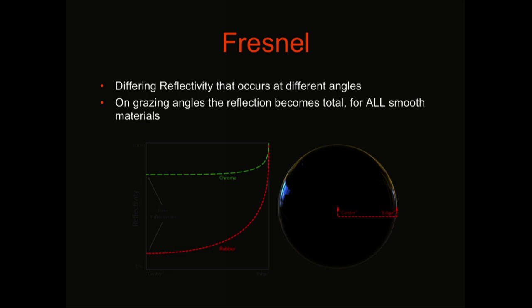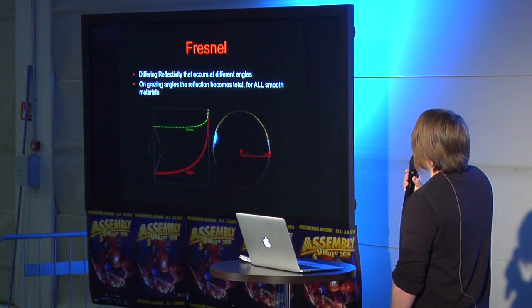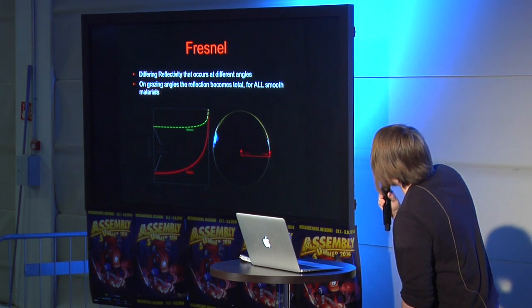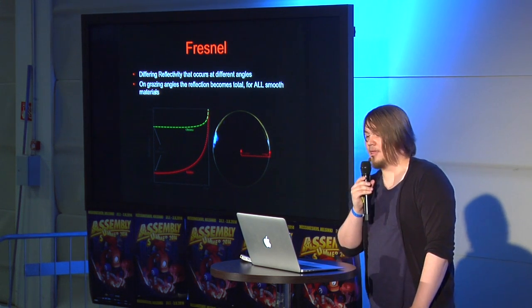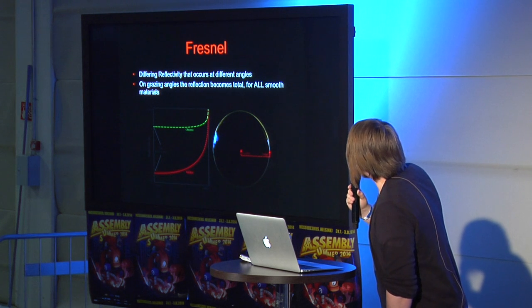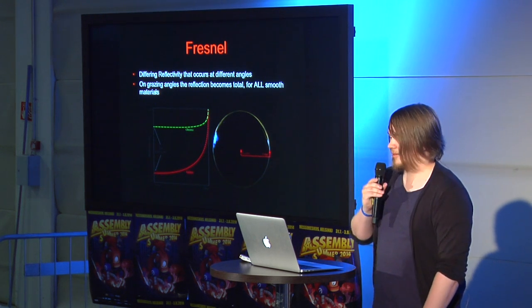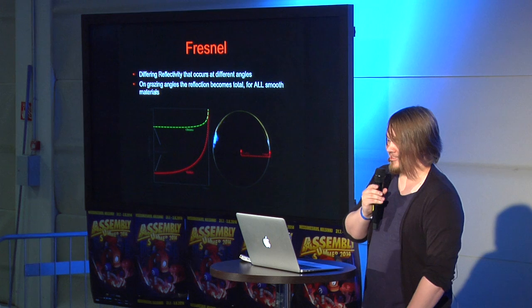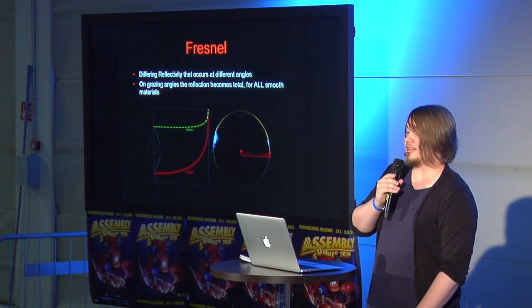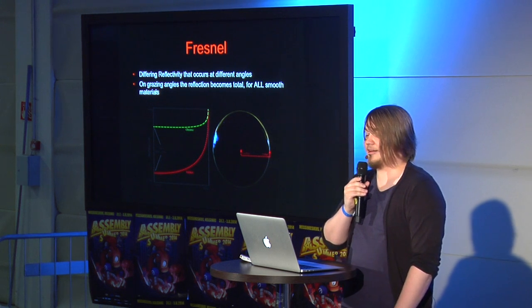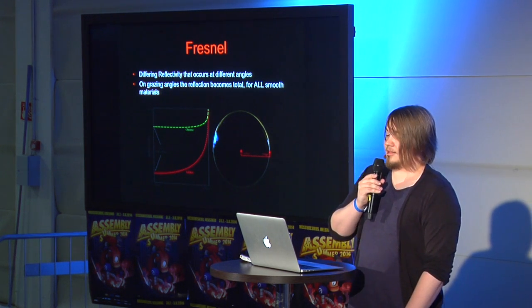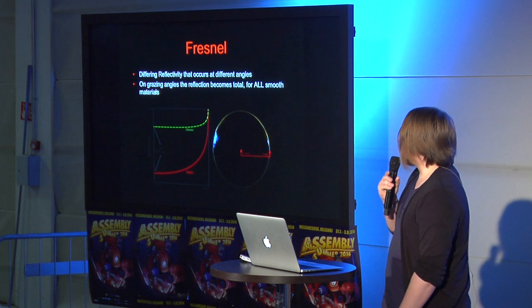So as you can see, that black sphere I have there, it's smooth, but yet it shows a lot more reflectivity on the sides because of the angle. Can't really see the reflection that well, but you can imagine it there. And luckily, this is something that we don't really need to worry about that much as an artist. This is usually done by the shader, and it gets the curve from a base reflectance value.